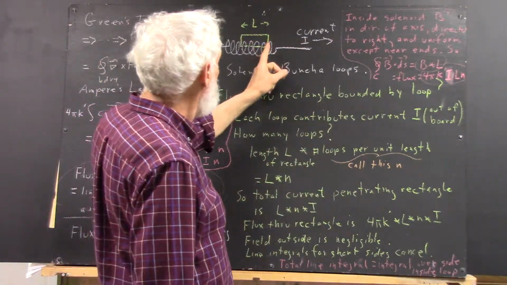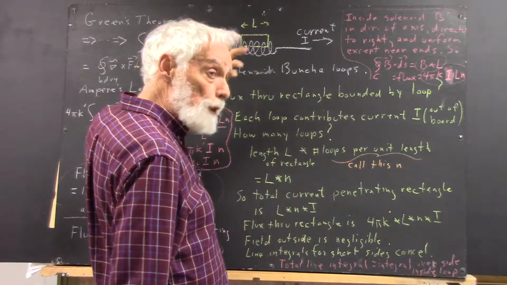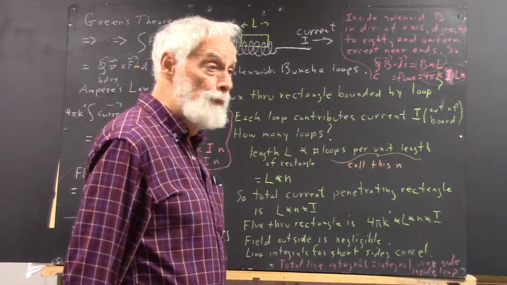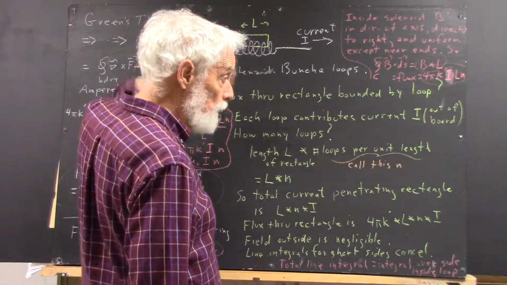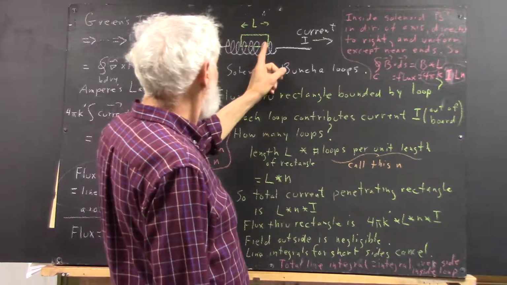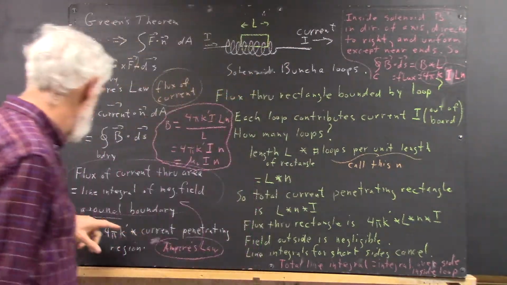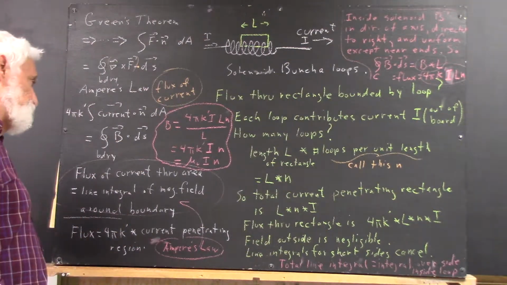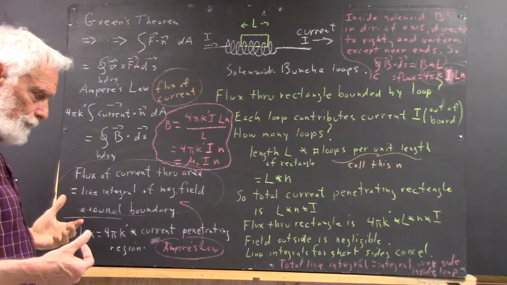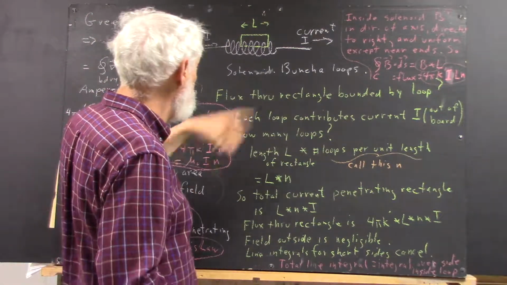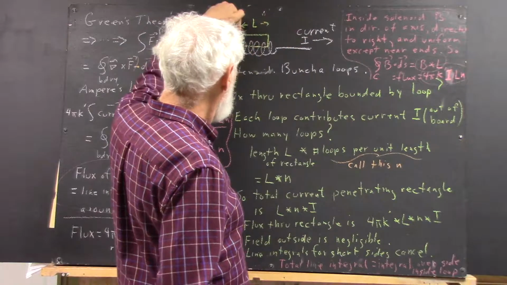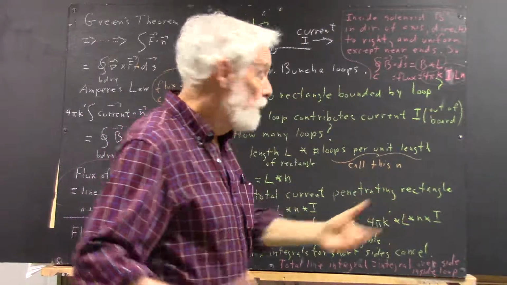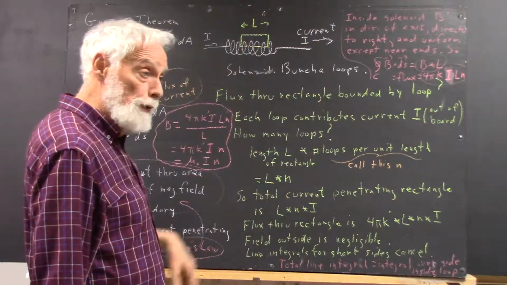These short sides, if you go around this loop counterclockwise, one short side goes this way, the other short side goes this way. Now, if you have a uniform distribution of your magnetic field, the integral of the magnetic field dotted with your vector distance increment is going to be opposite in this direction to what it is in this direction, so the two sides are going to contribute nothing to the line integral because of the symmetry of the field.